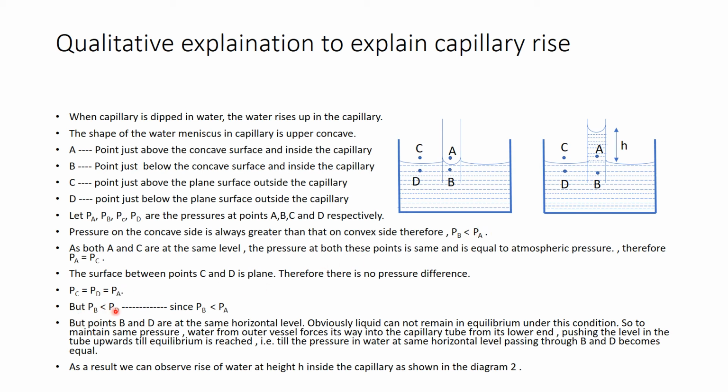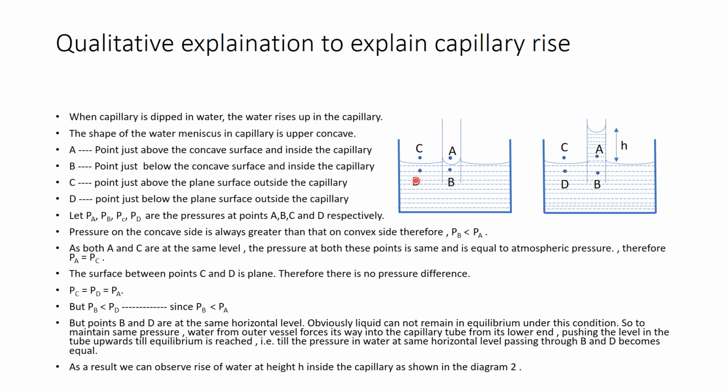Now, if you observe the diagram, point B and point D are at the same horizontal level, and we already know from our previous knowledge that if we have 2 points in the liquid at same horizontal level, then they should have same pressure, right? Then only the liquid will be in equilibrium.